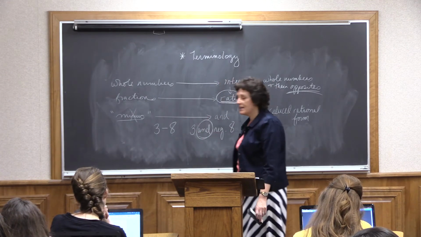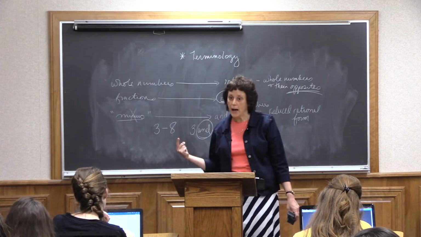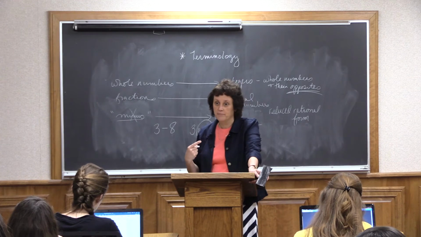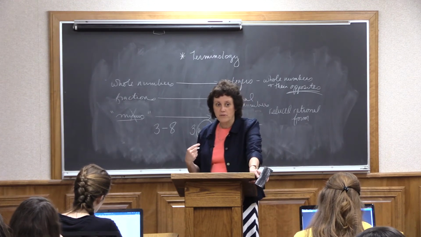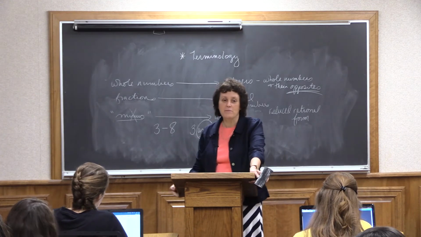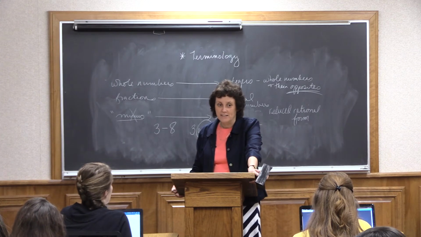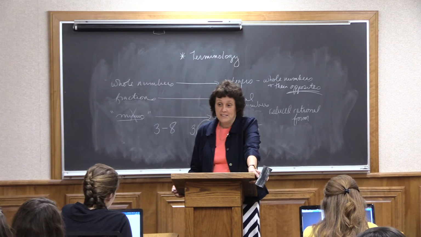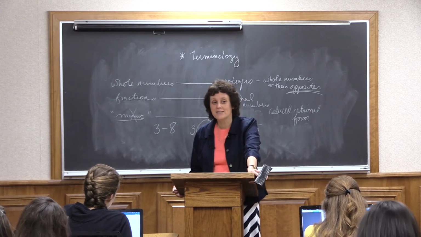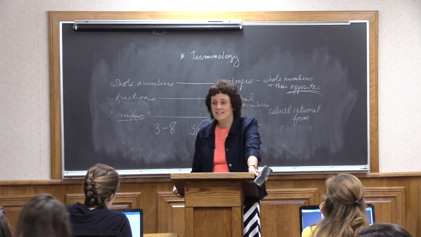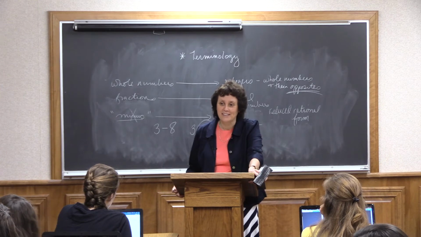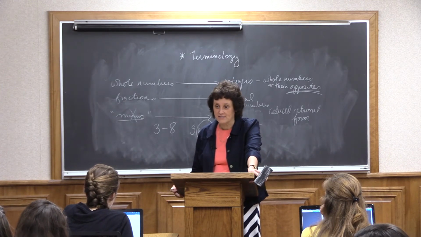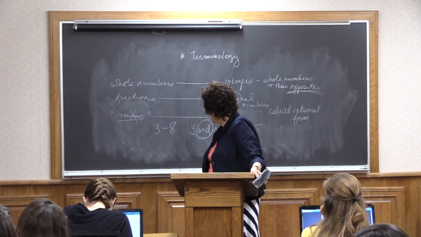What am I doing? I'm forcing them to add the opposite from the very beginning, even in how I express the problem. When they were in 4th grade and they saw 3 minus 8 in a subtraction problem, might have been Mrs. Haiti, might have been somebody else, the students would say, can't do it. We have to borrow. Well, that no longer applies, does it? So we're not even going to say 3 minus 8.